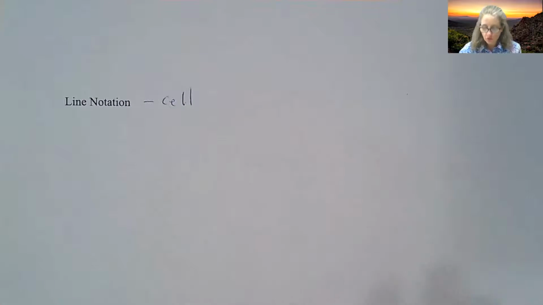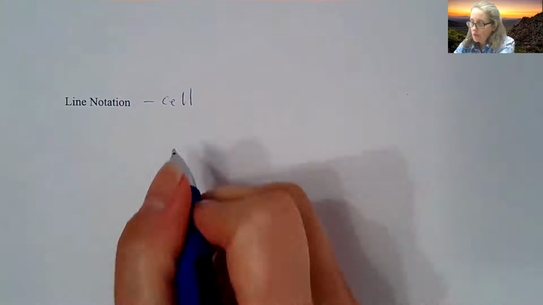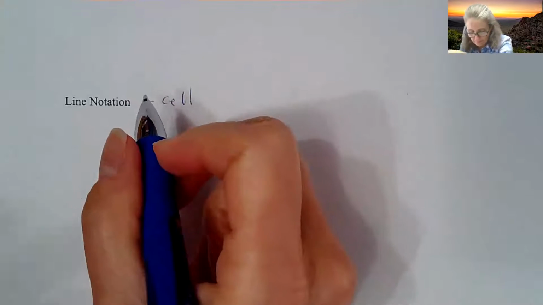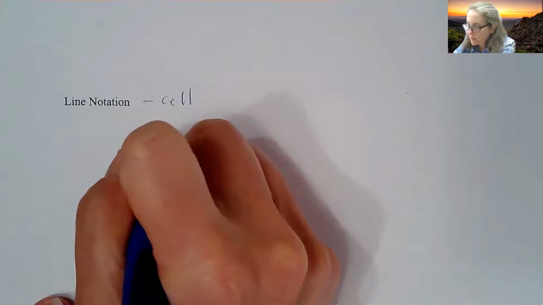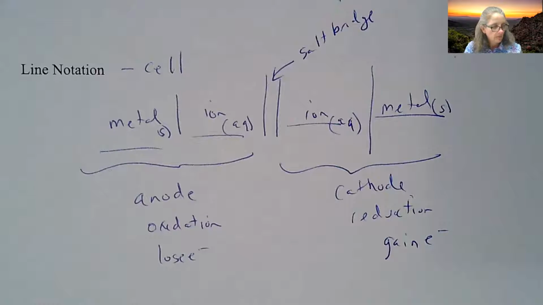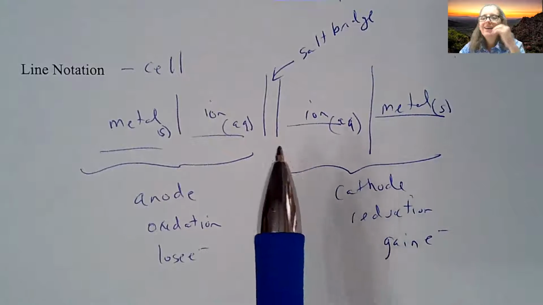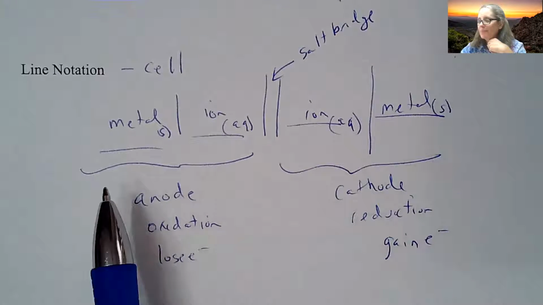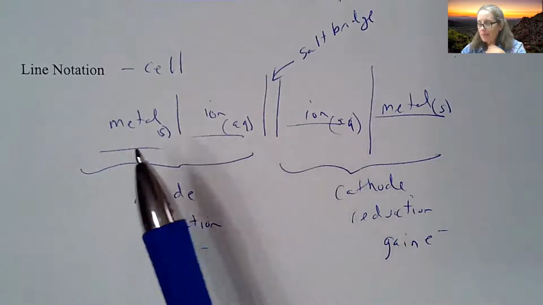Well, line notation is a much shorter way of doing it. So you are going to see it written this way. Give me a moment and I will show you the set.